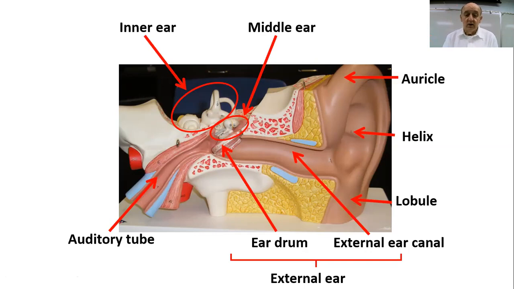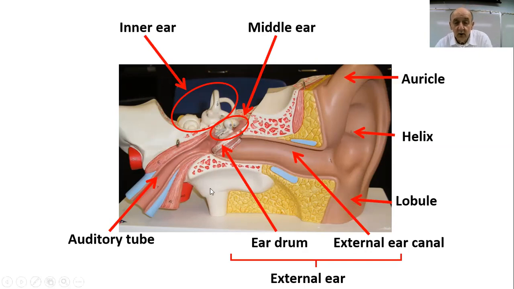So the first special sense we will be dealing with is hearing. In your lab report, point number 6 is about the movement of pressure waves, sound waves. What do pressure waves have to do with special sense of hearing?